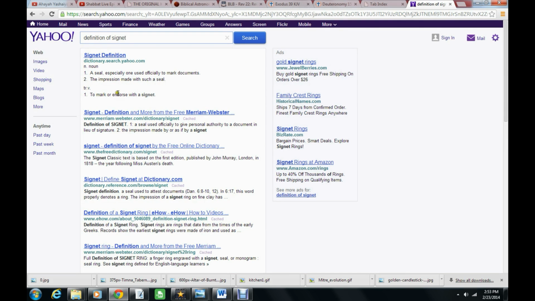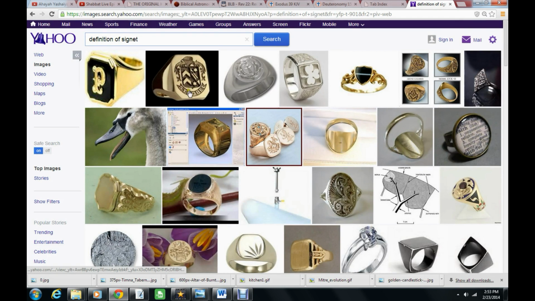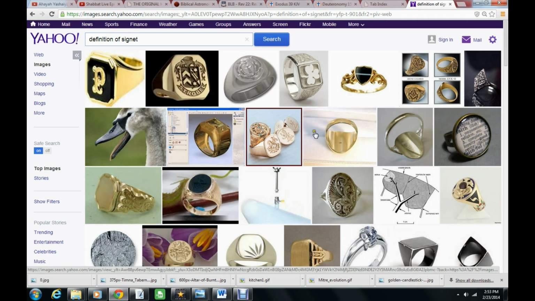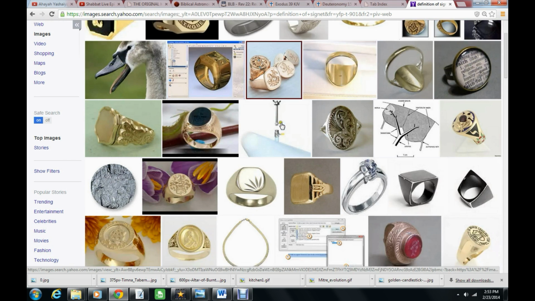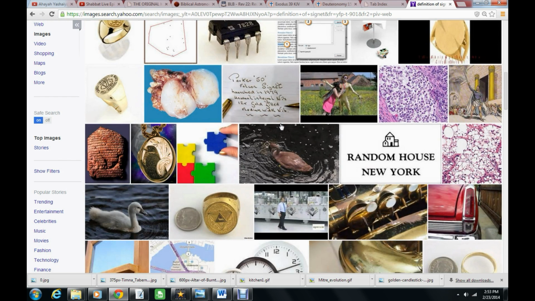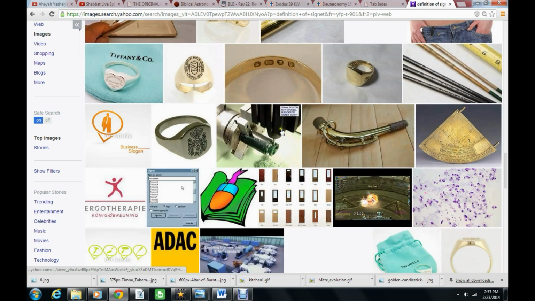The impression made with such a seal, to mark or endorse with a signet. So it'd be like his signature. There's a picture of it. Signet, like how they put that in the metal. This is what we're doing with the stones. So that's what they're doing.